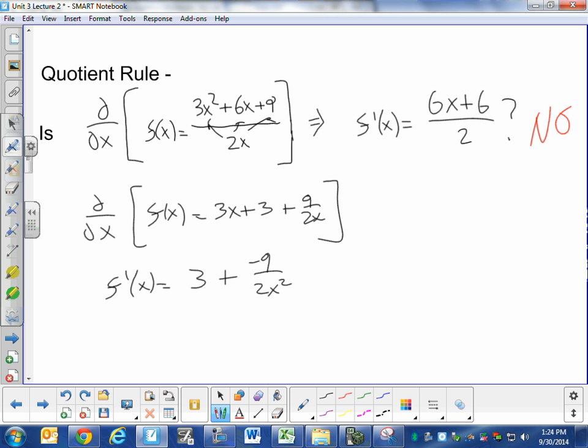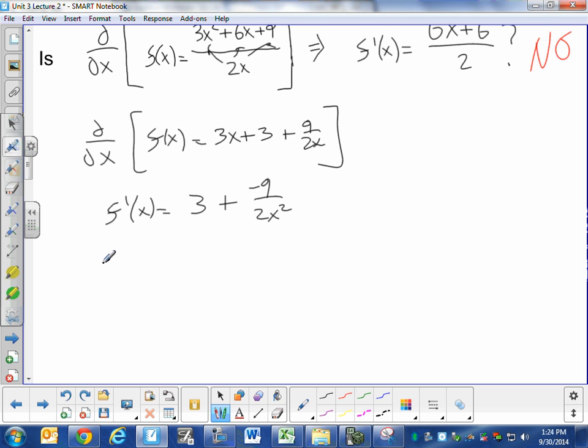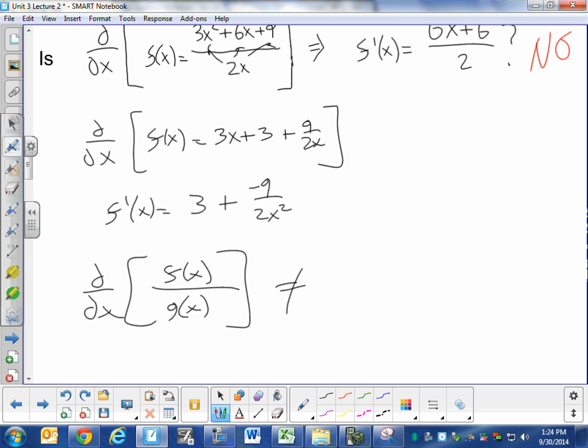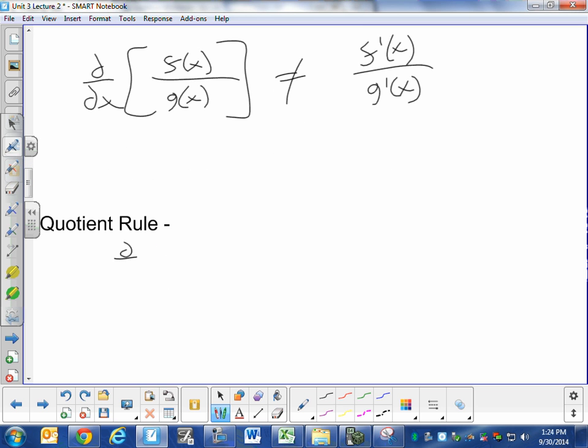Well, let's talk about the quotient rule and what actually it is. So, again, if you want to write just to make sure, the derivative of something divided by something else is not the derivative of the top divided by the derivative of the bottom. What it is is a little bit more complicated than the product rule. However, it's a little similar to the product rule.